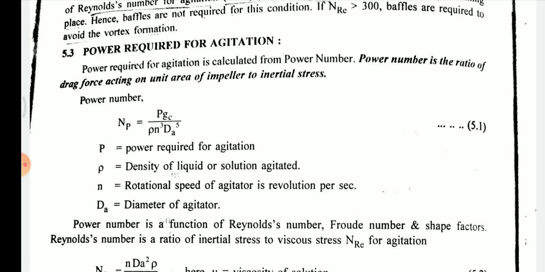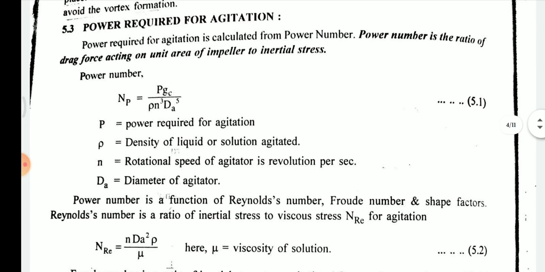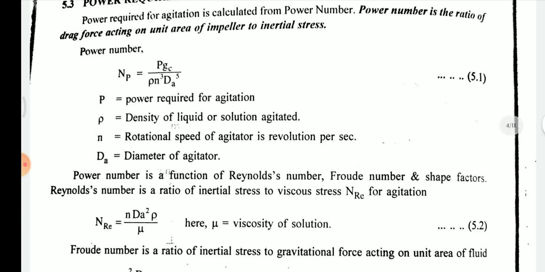The power number is defined as the ratio of drag force acting on a unit area of impeller to inertial stress. The power number Np is given by P gc divided by rho n cubed dA raised to 5.